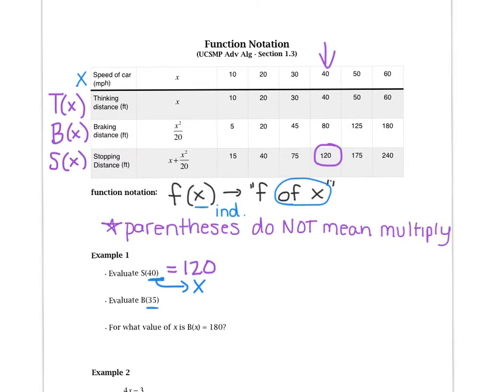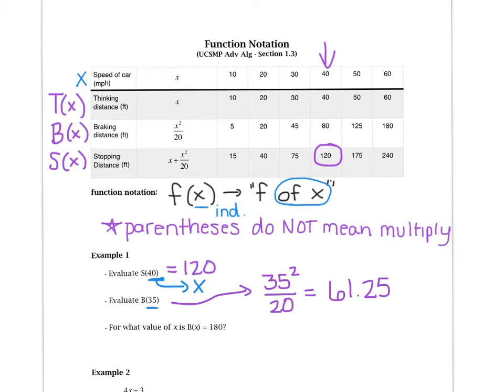So I'm going to end up doing 35 squared over 20. And because I did this problem 3 times today, fairly certain the answer to that is 61.25. You could put that into a calculator to get your actual answer, but again, pretty sure 61.25.